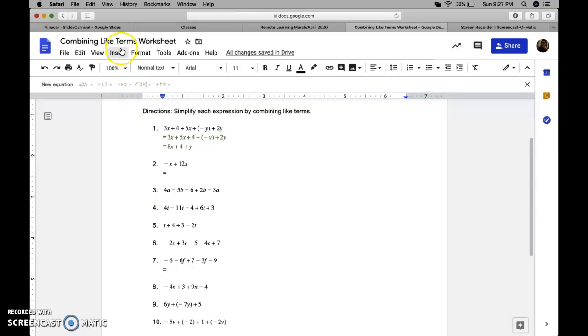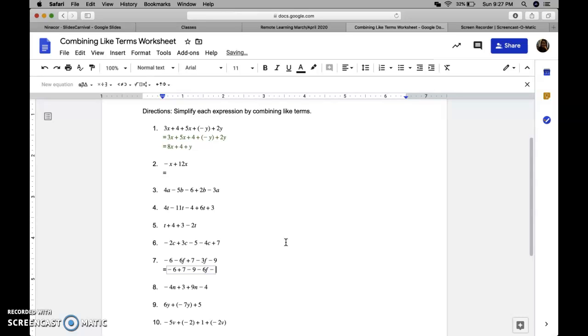So I'm going to go insert equation. I'm going to do negative 6 plus 7 minus 9. And keep the order of the like terms. Negative 6 is first, 7 is second, minus 9, that's last. There's no reason to rearrange the order of the like terms. Keep them in order.